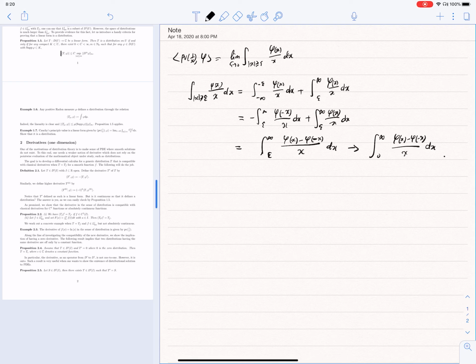And the last convergence is justified by the dominated convergence theorem.